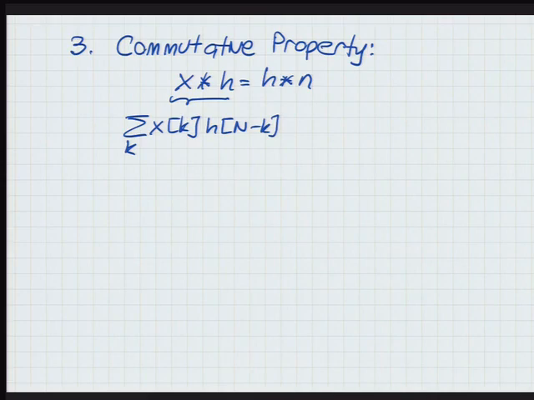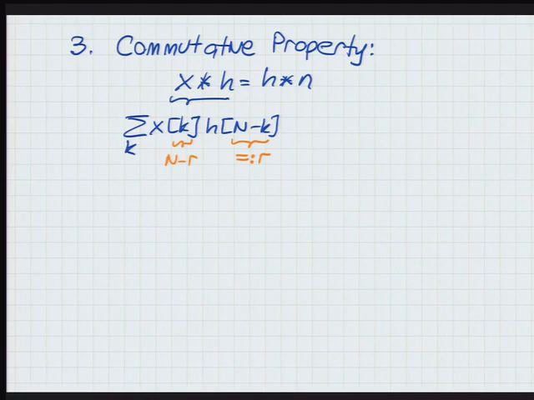All I have to do is a little change of variables. Okay? If I define this to be a new index r instead of the index k, right? So I'm just changing how I'm doing the counting. Instead of counting over k, I'm going to count over n minus k, right? Which I define to be r. So with this definition of r, what is k equal to? k is then equal to n minus r, right?